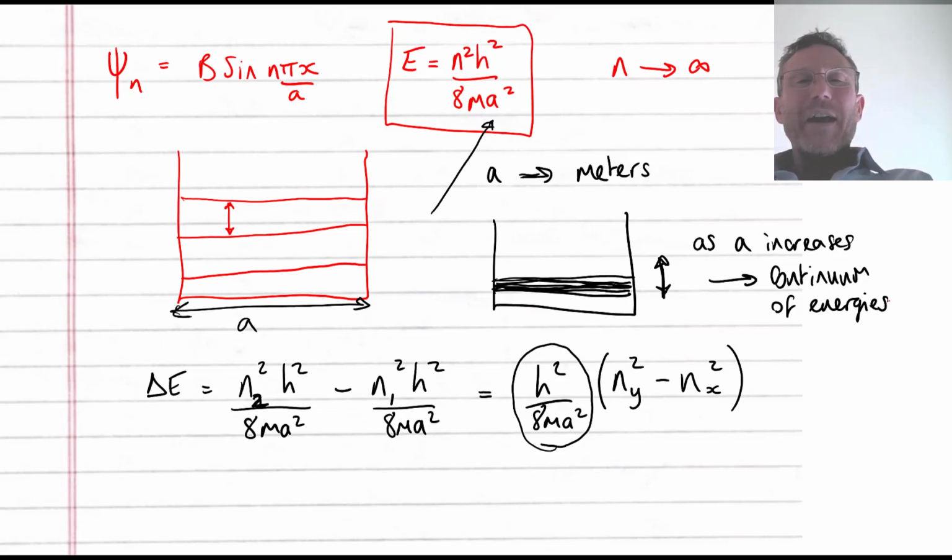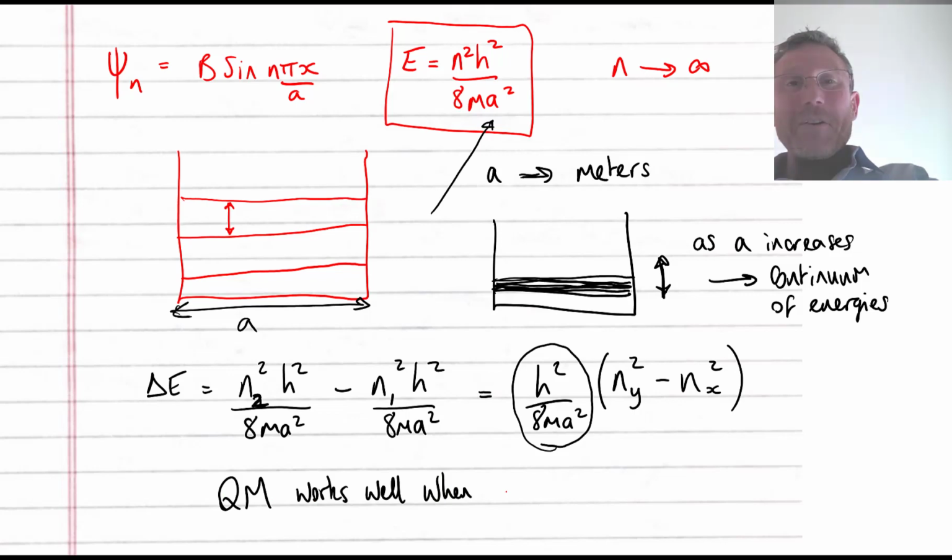So this is one takeaway from the particle in a box treatment. We recognize that quantum mechanics works well when the lengths, the features, the dimensions are about that of atomic distances.